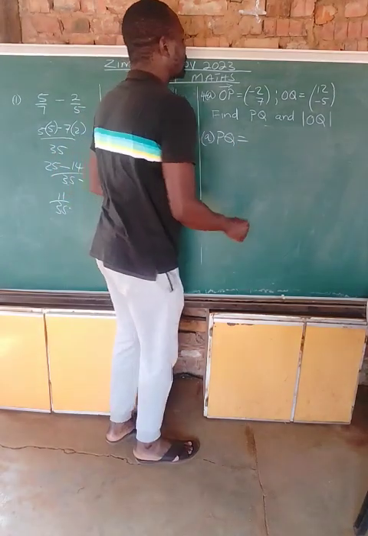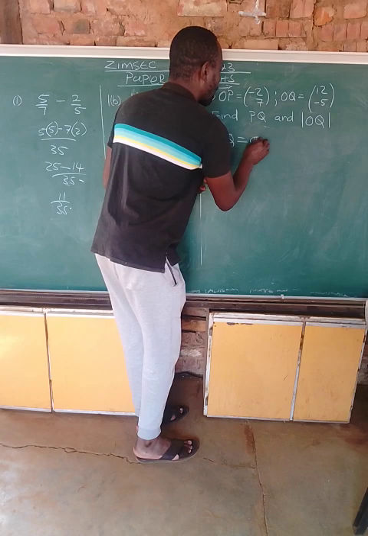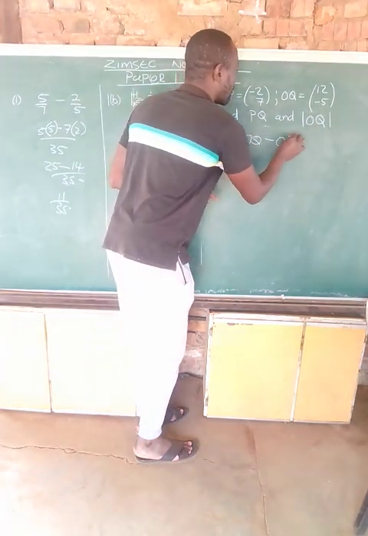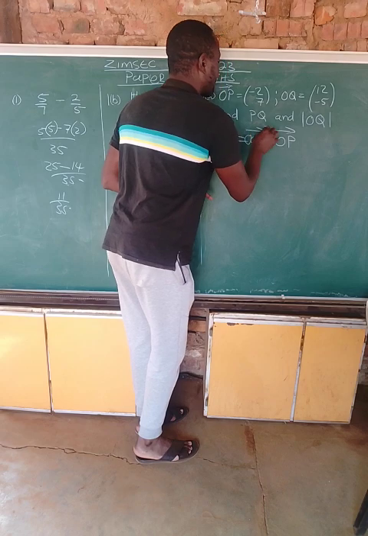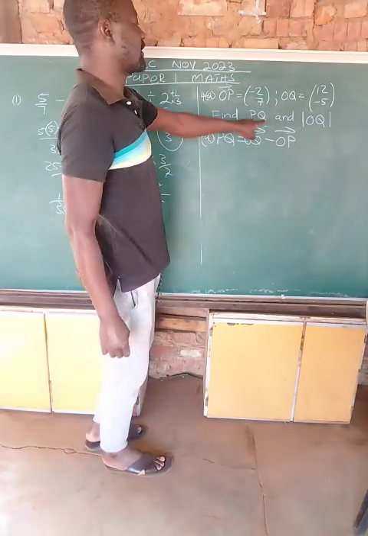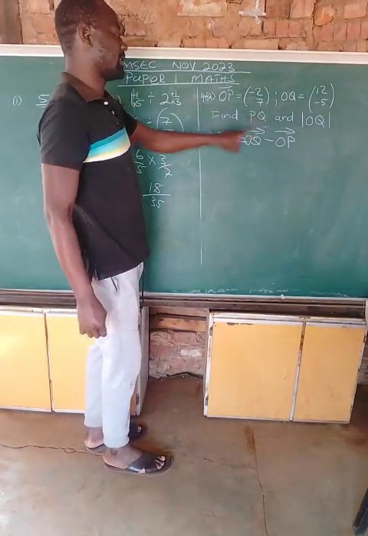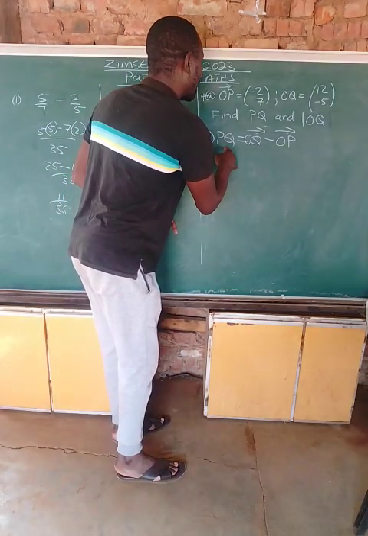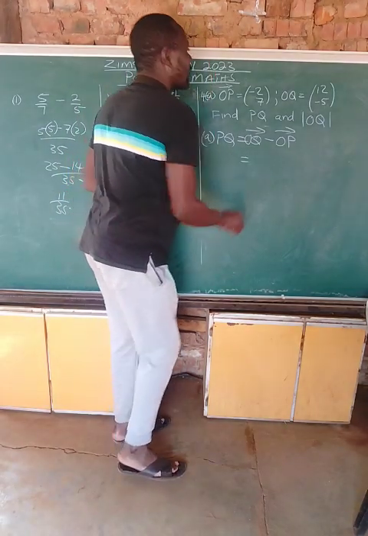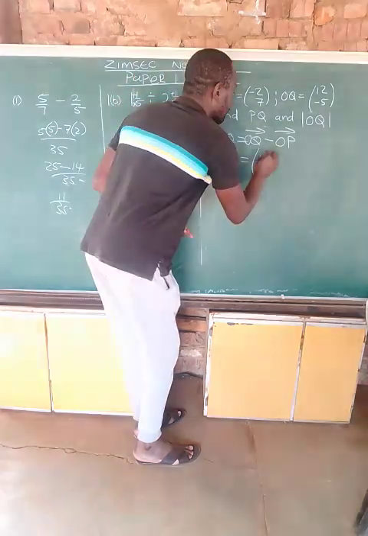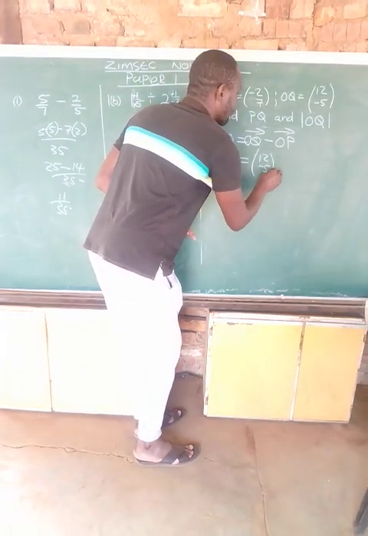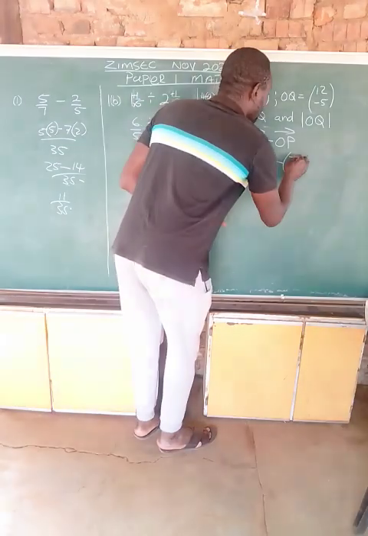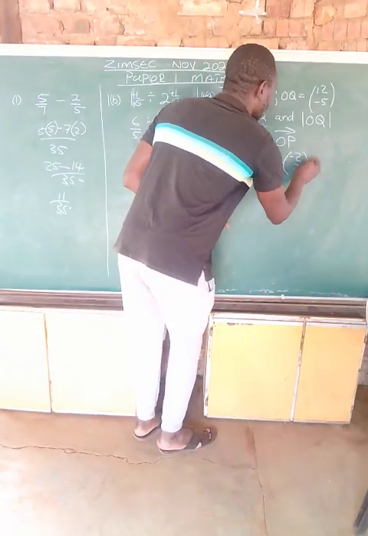PQ is equal to OQ minus OP. You subtract this minus this. So now, OQ, what do we have? We have 12 and minus 5. Minus OP, what do we get? We have minus 2 and 7.